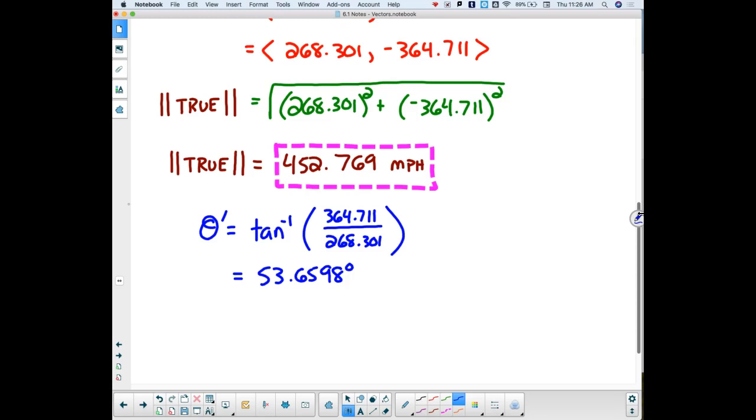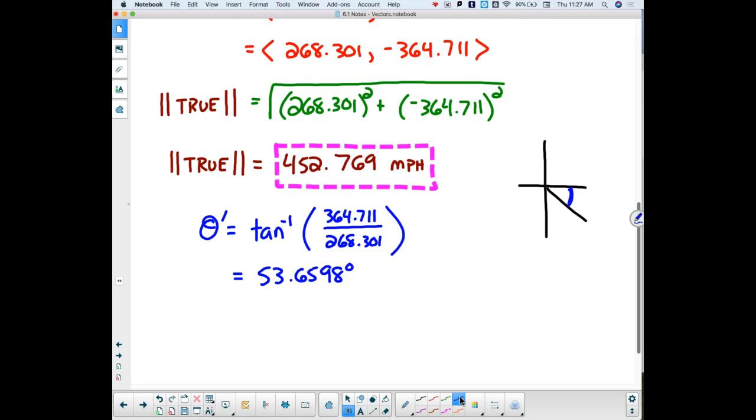Right? Okay. Little side action here. That reference angle is right here. Correct? No. No. 90 plus?